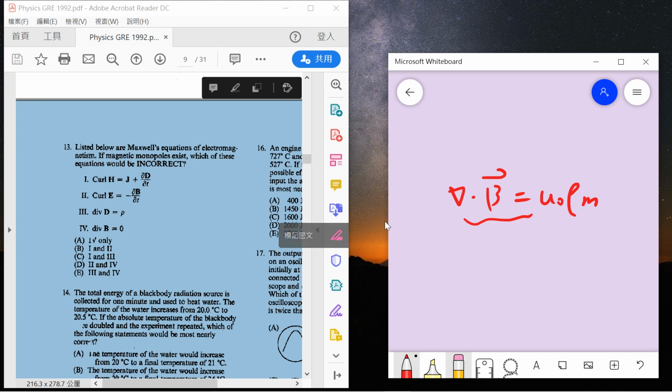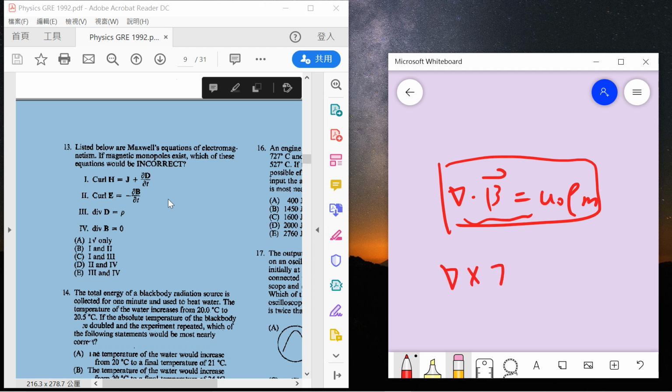Sorry about this. Once this one is modified, for the second one, we can take the curl of E.